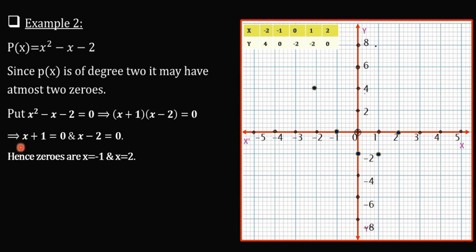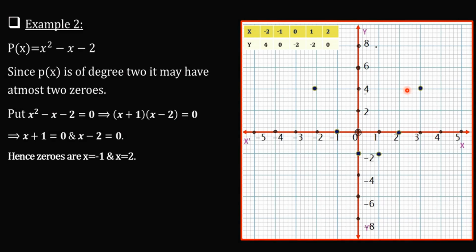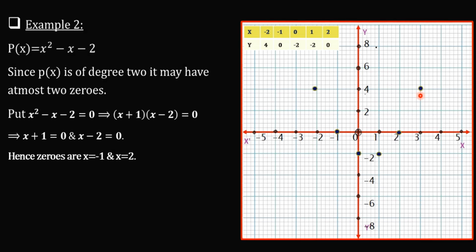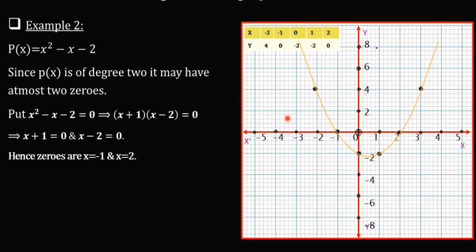Next we have to draw the graph joining these points. We take another point also here, that is x equal to 3 and y equal to 4. Next we can draw the graph.